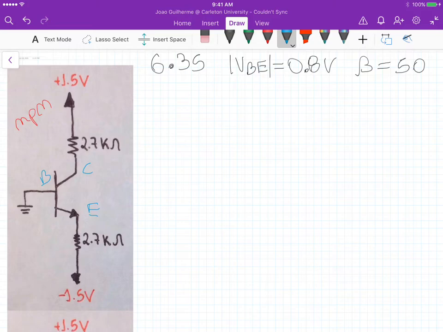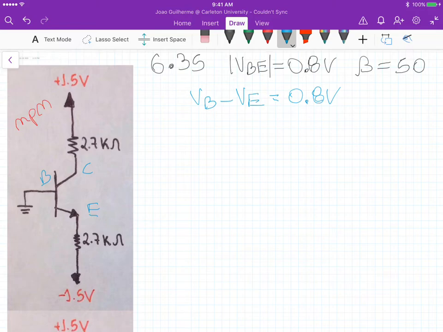So we can assume active mode operation because VBE is 0.8 volts. So we know that VB minus VE is equal to 0.8 volts, assuming active mode operation of the BJT.